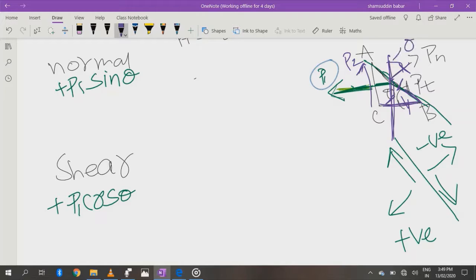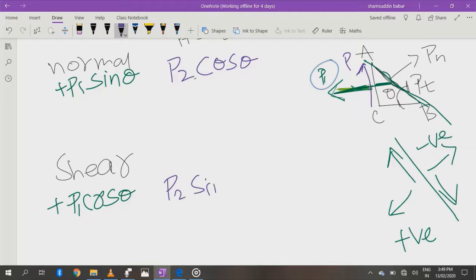So therefore my angle will be theta. So P2 is making angle theta with normal, so my normal component will be in cos. So it will be P2 cos theta, and this will be P2 sin theta.